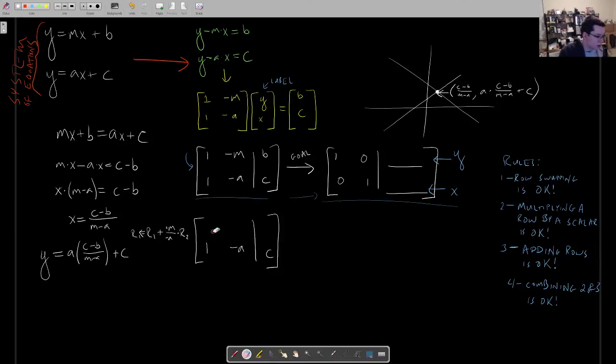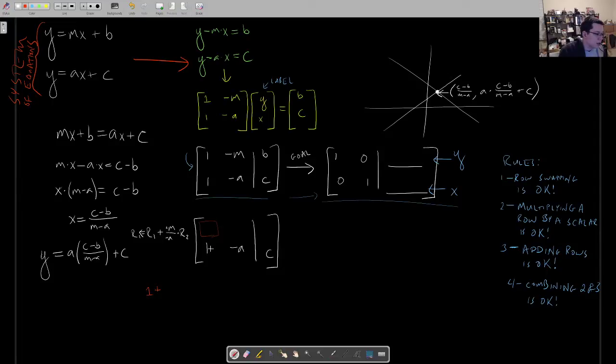So that's actually not going to be 1. So row 1, this value is going to be 1 plus m. Is this correct? Yes it is.